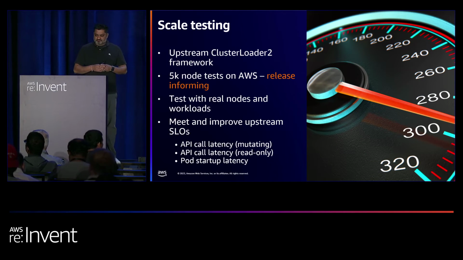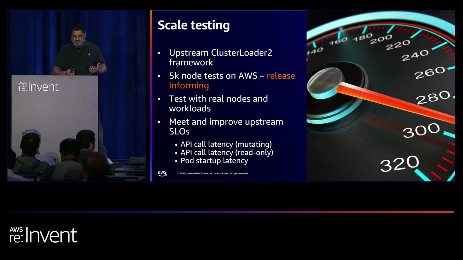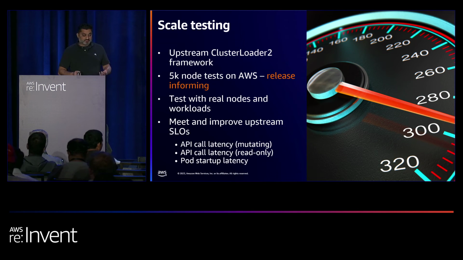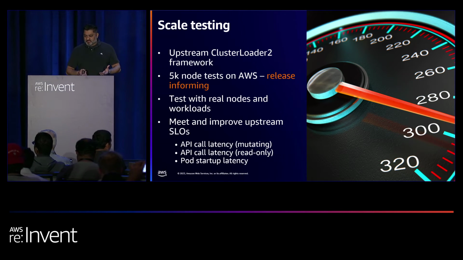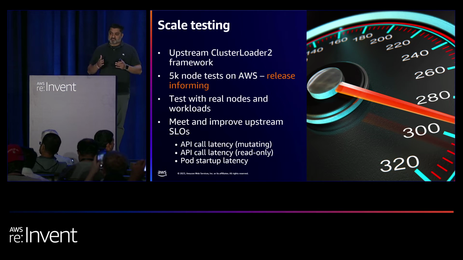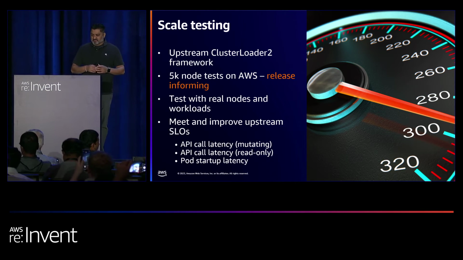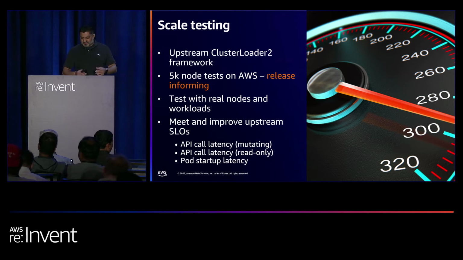For EKS tests, we make sure that we're scale testing all the time so that we're meeting or exceeding customer requirements. So we leverage the upstream CL2 framework to run our scale tests. We also make improvements to these CL2 tests based on things that we learn from our customers. For example, we recently added support for CRDs because there's actually a much larger penalty for listing CRDs versus listing things like pods.